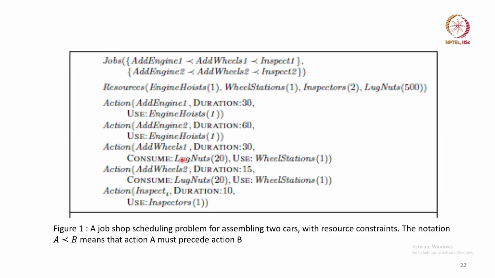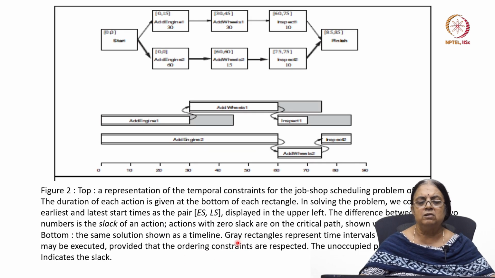Okay, so here you use the engine hoist, and here you use a consumable which is the lug nuts, right? So this gives you the planning problem in the job scheduling, and what you can do first of all is just get the plan first.